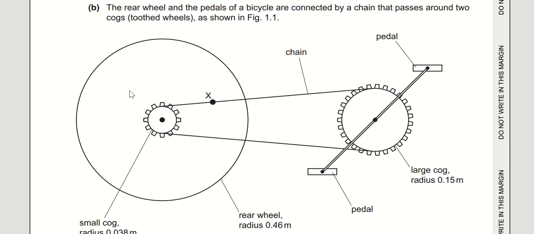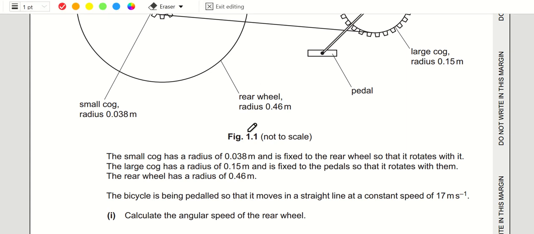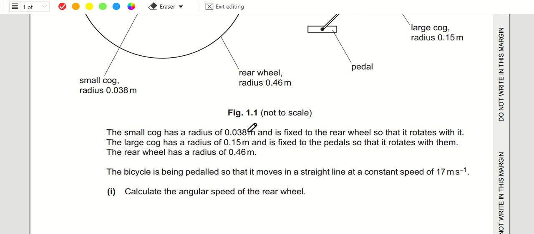The rear wheel and the pedal of a bicycle are connected by a chain that passes around two cogs. The small cog has a radius of 0.038 meter and is fixed to the rear wheel so that it rotates with it. The larger cog has a radius of 0.15 meter and is fixed to the pedal so it rotates with it.